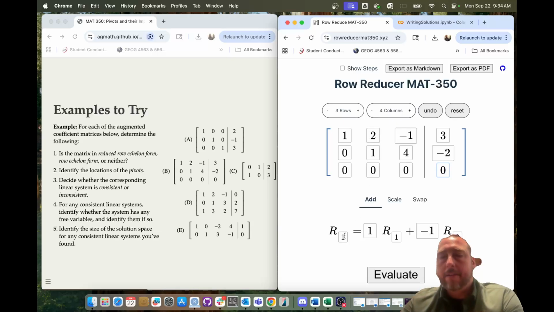We'll replace row 1, because row 1 is the location of the entry that we want to change. We're going to use the pivot to remove it. So I'm going to pay attention to this 1 and this 2 that I want to remove. If I want to remove this, I can scale the second row by a non-zero scalar and add it to the first row. If I scale that second row by -2, -2 times 1 is -2, and -2 plus 2 is going to give me the 0.